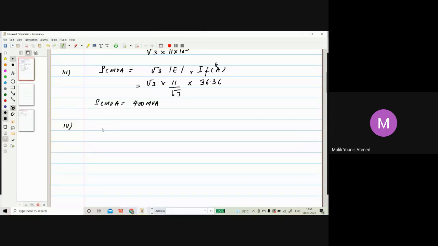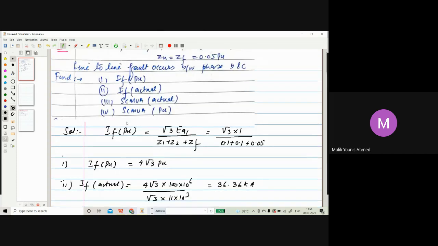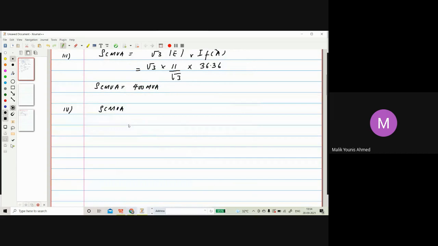Fourth, short circuit MVA in per unit now. Short circuit MVA in per unit is EA1 in per unit multiplied by IA in the same sequence in per unit. So IA1 in per unit we have seen in case of line-to-line fault is EA1 divided by Z1 plus Z2 plus ZF.